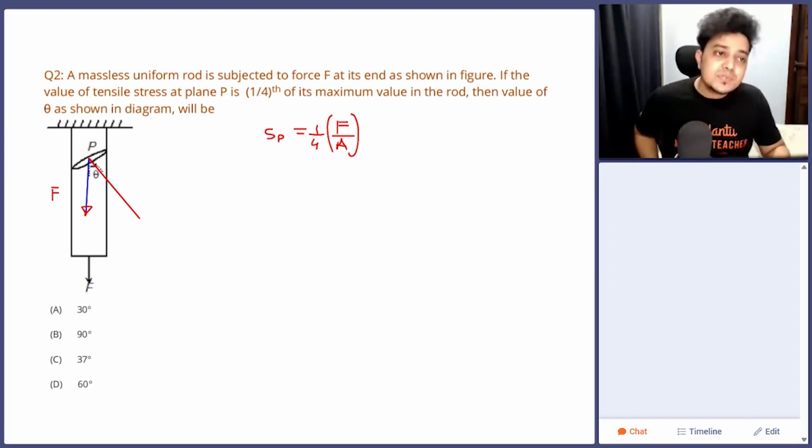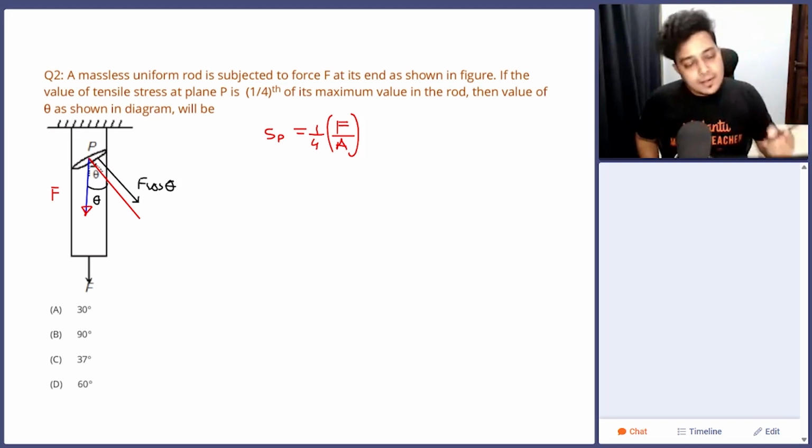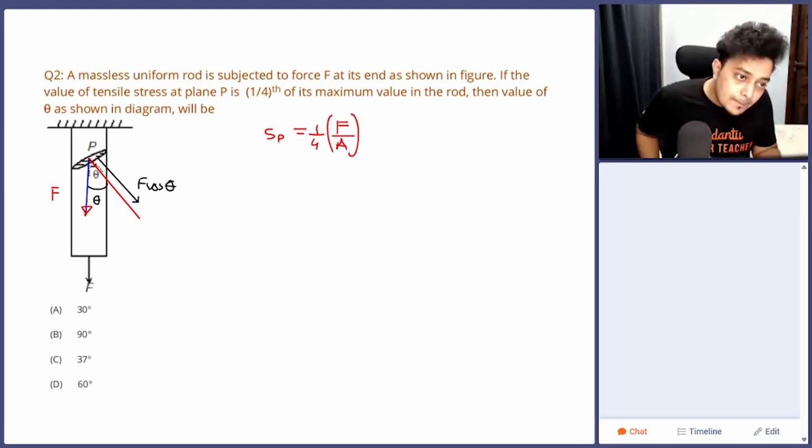But we have to take that force which is perpendicular to the area. So we will resolve the force into component. So if this angle is theta, then this is F cos theta. Okay. And we have to get the area of the plane as well.